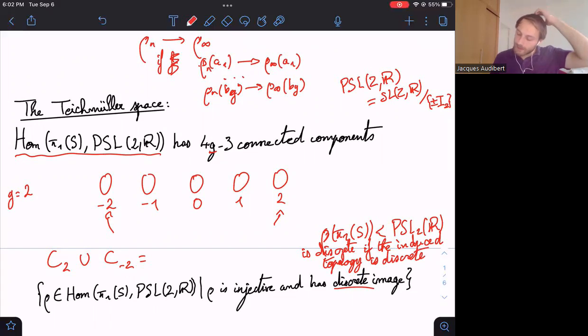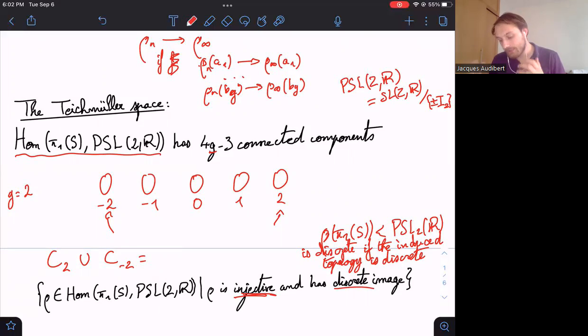So it means that for the points of rho pi 1 S, when you look at them in PSL2R, you can find a neighborhood which does not contain any other point of rho pi 1 S, like the points are isolated. So those two properties are really nice. Injective means that rho is really a representation of pi 1 S, not of one of its quotients.